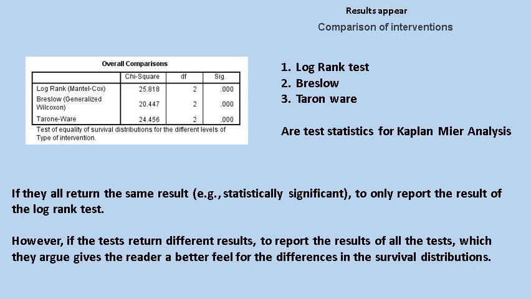However, if in some case these 3 tests return different results, one is significant, another is not significant, the third may be significant, then report the results of all the tests, which they argue gives the reader a better feel for the differences in the survival distribution.